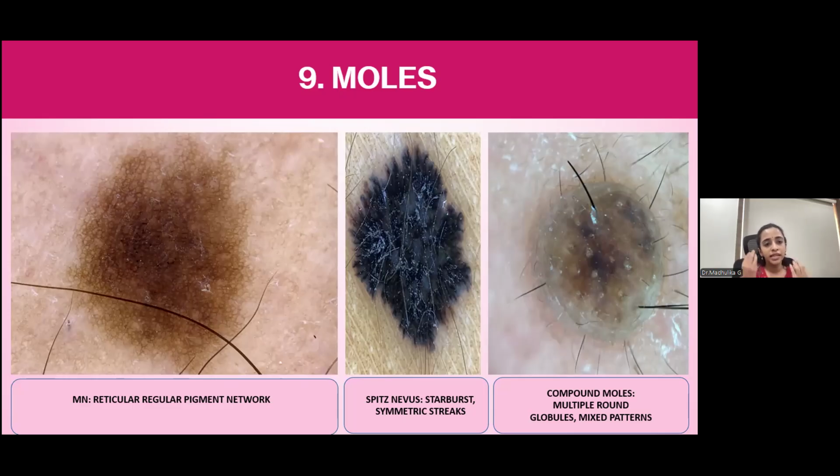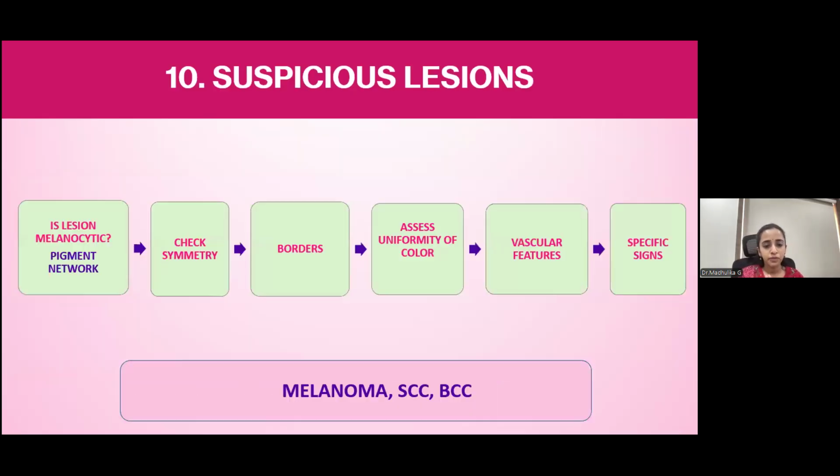Here you see a deeper, stronger pigment in a starburst pattern, but it is symmetrical, with just one color and no variation in color, and the borders are well defined and not ill defined. In compound moles, the depth of presence of the nevus cells is different. So you see a little more diluted, multiple round globules without too much color, and mixed patterns are noticed in compound moles. Next slide.